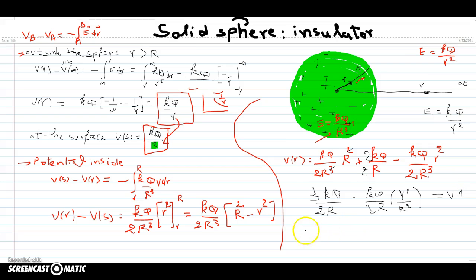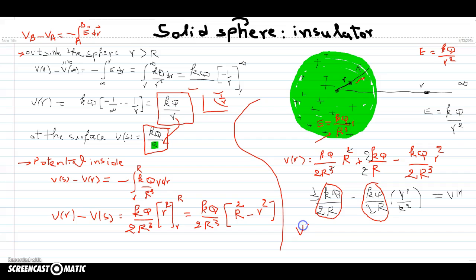Now let's make a small arrangement. We factor out KQ over 2R. I'm running out of time, so let's give you the answer right away. I put this quantity here and this quantity outside.